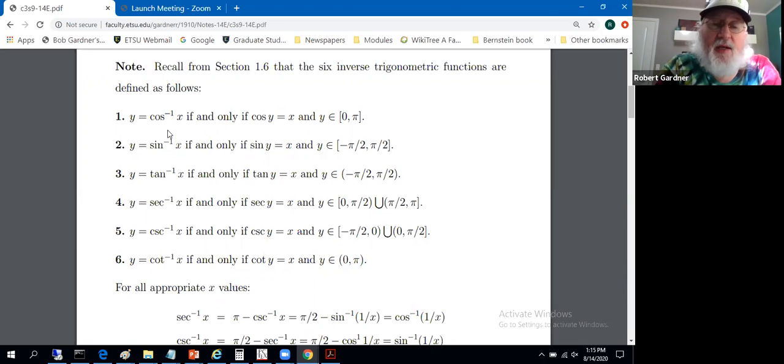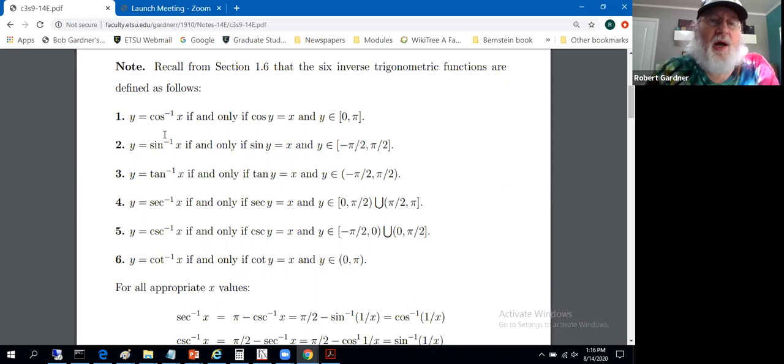It doesn't mean reciprocal. Sometimes the little word arc, A-R-C, is used, called arc cosine and arc sine. The textbook is big on using the arc notation so as not to confuse these with 1 over, with reciprocals, because they're not, they're inverse functions. You need to get used to this inverse function notation because it's everywhere.